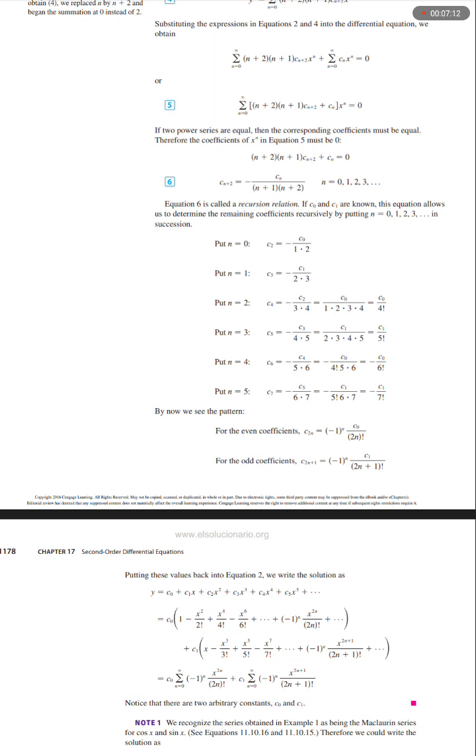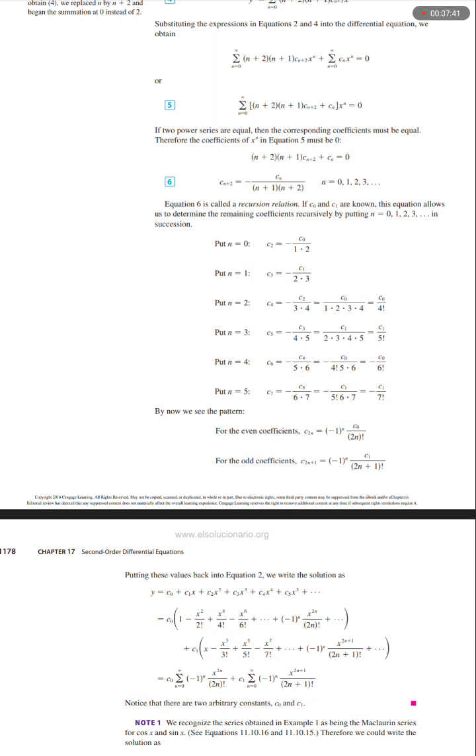over 1 times 2 times 3 times 4 equals c sub naught over 4 factorial. Put n equals 3. C sub 5 equals negative c sub 3 over 4 times 5 equals c sub 1 over 2 times 3 times 4 times 5 equals c sub 1 over 5 factorial. Put n equals 4.